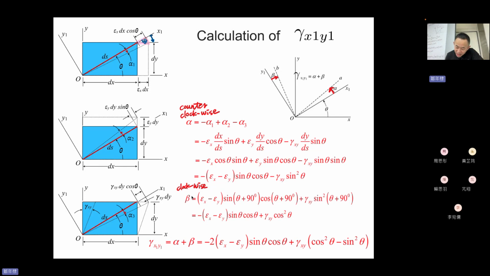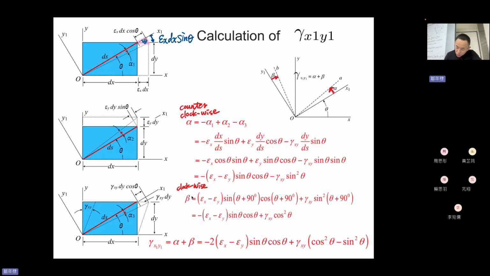We call this alpha 1. Alpha 1 equals epsilon x dx times sine theta, right? You use this epsilon x dx, and we want that component, so times sine theta. Epsilon x dx sine theta divided by ds, we can get alpha 1.